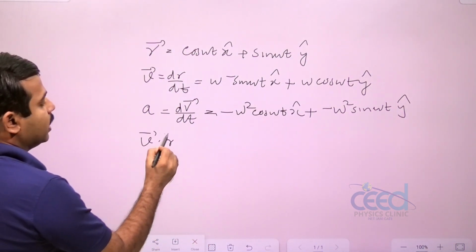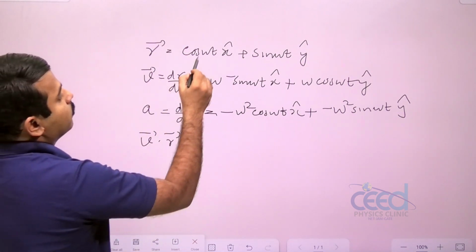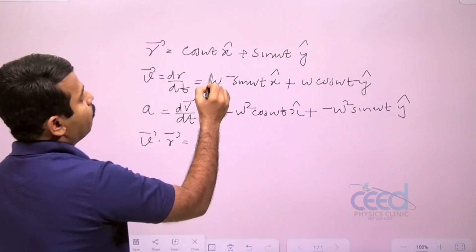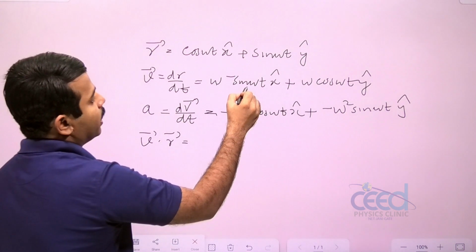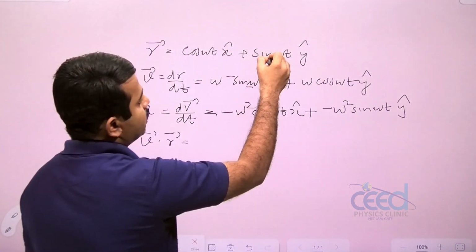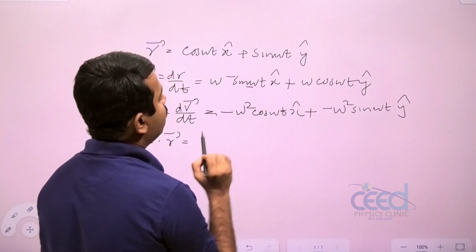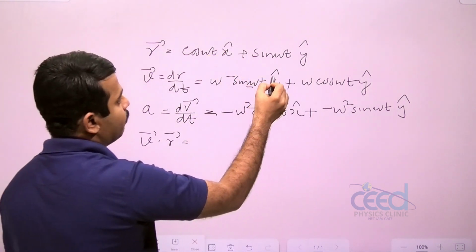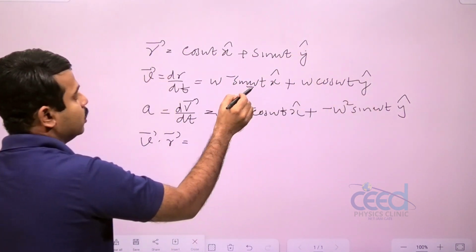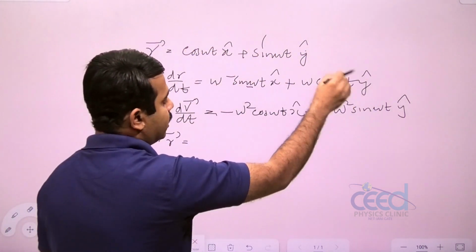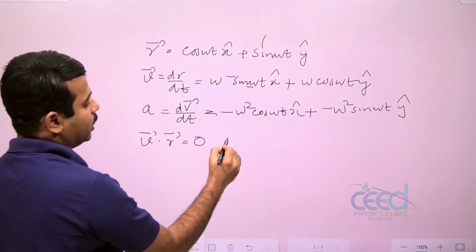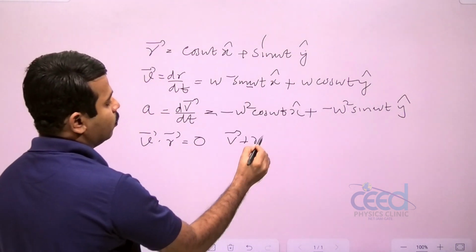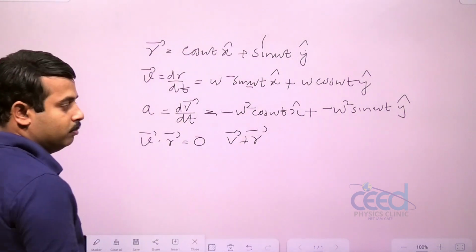V dot r is equal to minus omega cos omega t sin omega t plus omega sin omega t cos omega t. X cap dot x cap is 1, y cap dot y cap is 1. So one term is plus, another term is minus, so that is 0, that is v perpendicular to r.